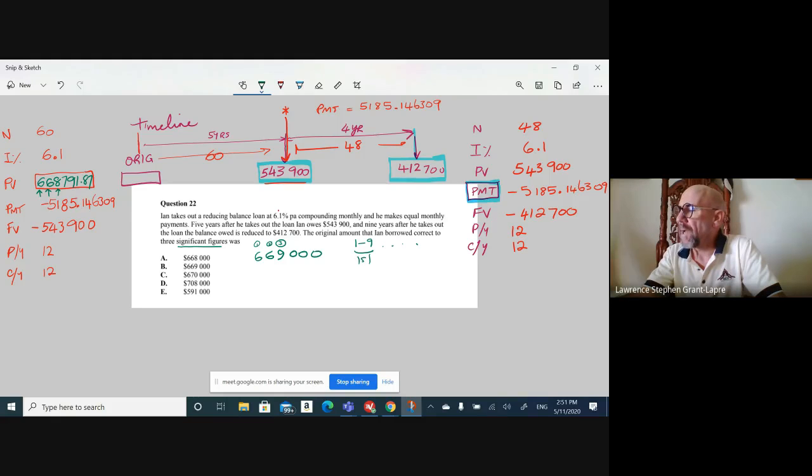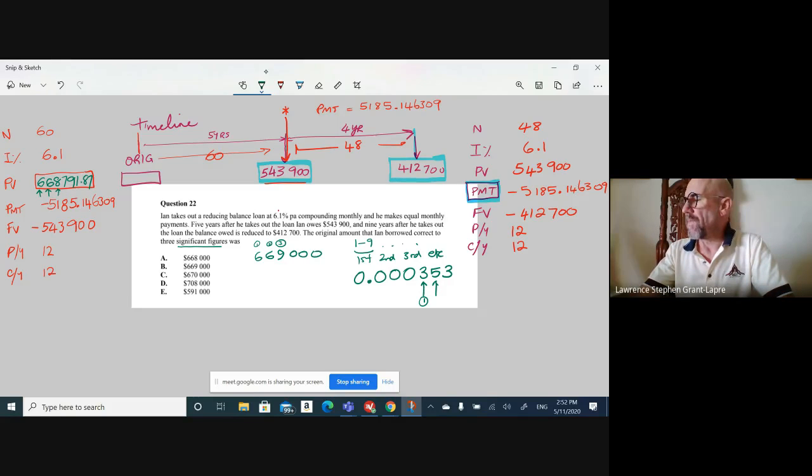Also with decimals, the first significant figure is the first number which is not a 0. So if you had to do a decimal to 3 significant figures, make sure you don't count the zeros, and then you just count 1, 2, 3. All right, but anyway, that's going off track. This question is B.